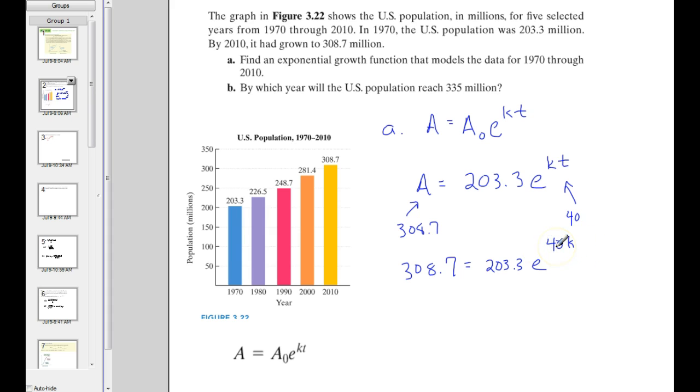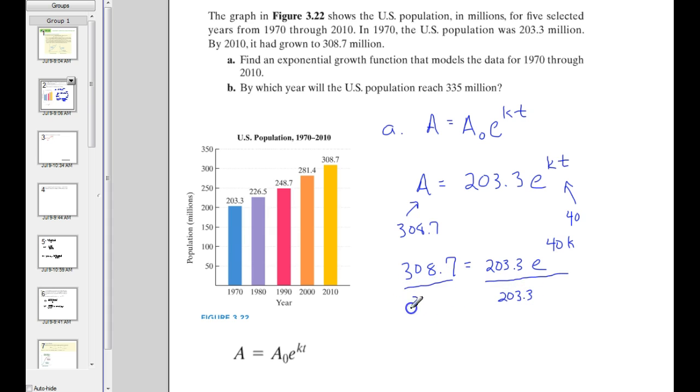But now we have an exponential equation to solve to figure out what k is. So it's very similar to those variation problems where we plug in the information we're given and use it to find k. It's just how we go about doing that that's a little different because we need to bring logs into the equation. Alright, if I've got an exponential equation, I want to isolate the exponential part.